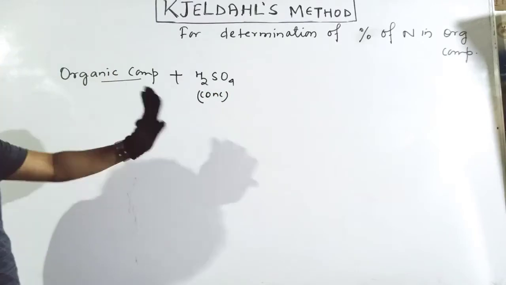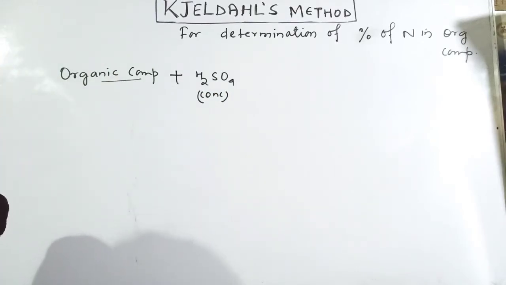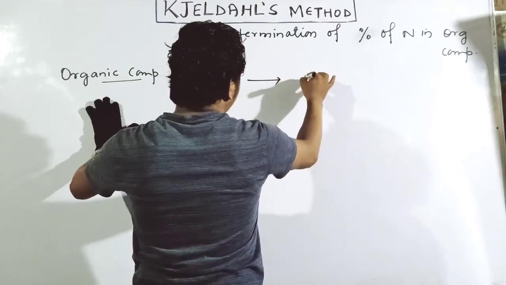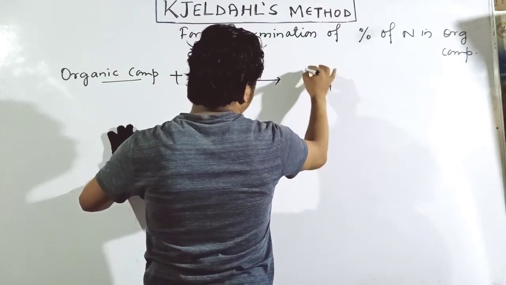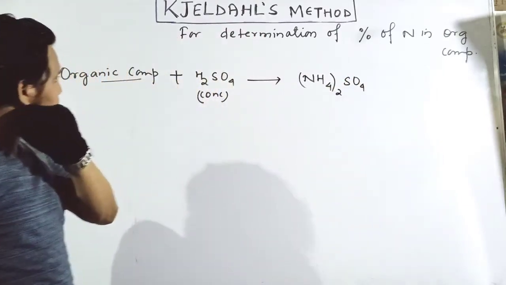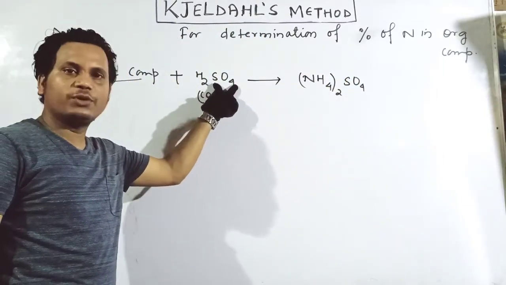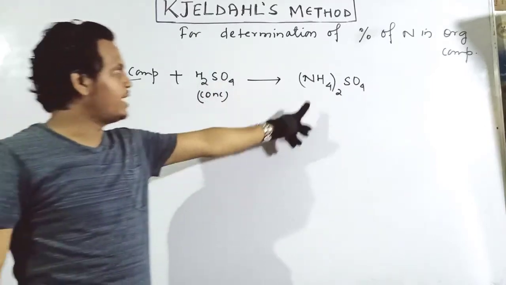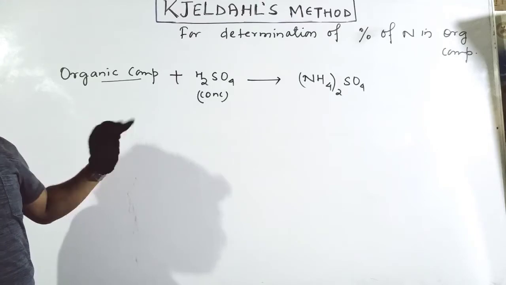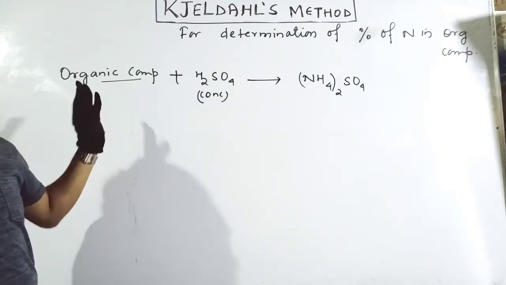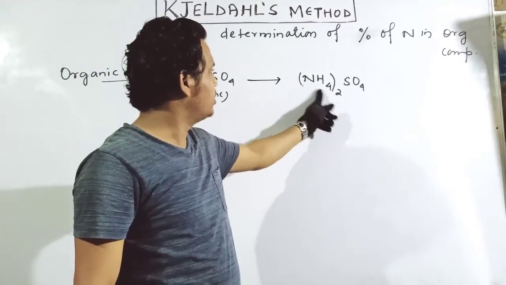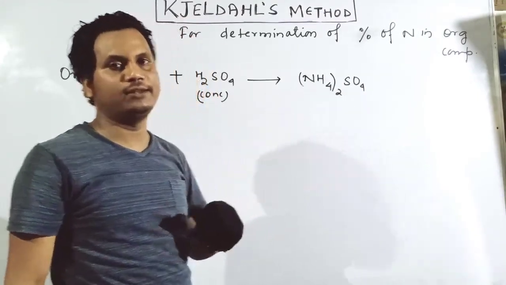So when it is treated with concentrated sulfuric acid, then what happens? Here ammonium sulfate will form. Why ammonium sulfate? Sulfate from the sulfuric acid. The nitrogen present in the organic compound will convert into the form of ammonium ion.